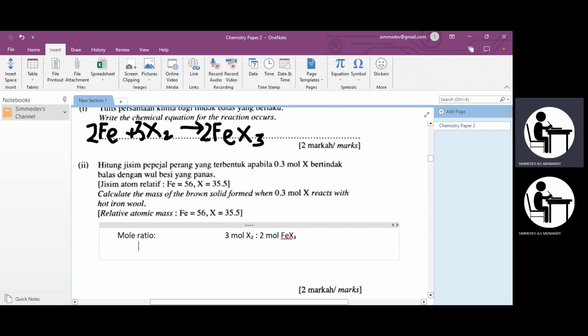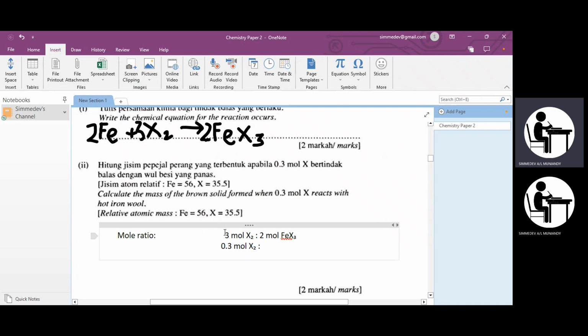So if it is given that 0.3 mole X2 again, reduce. So this is the part where you just do simple mathematics.